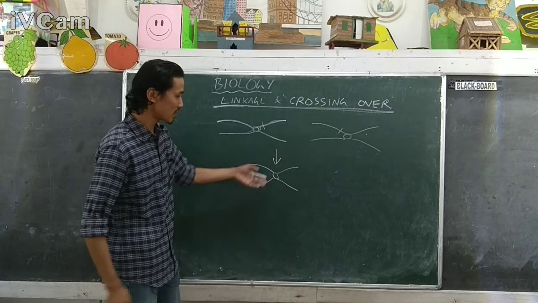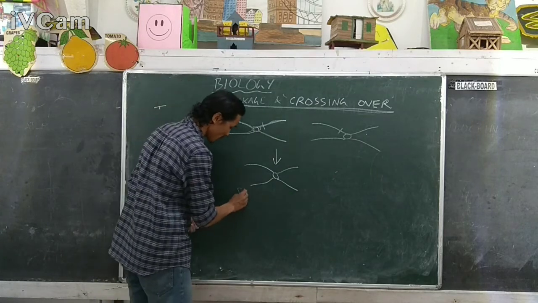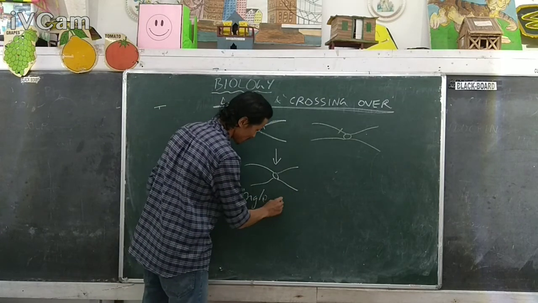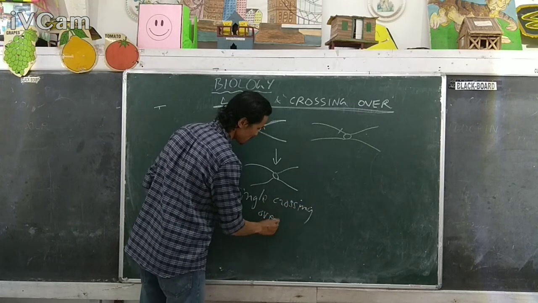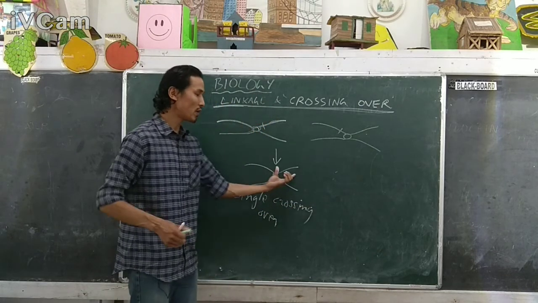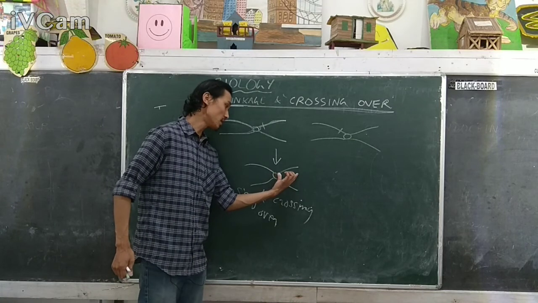So this is an example of single crossing over. That means there's only one exchange of chromosomes.